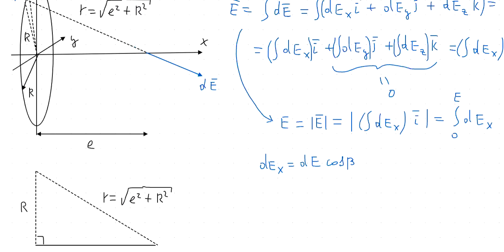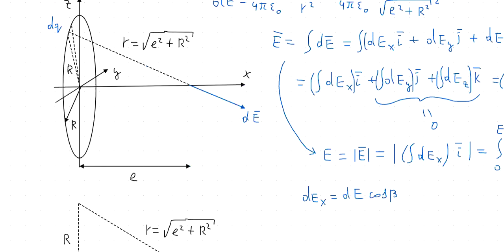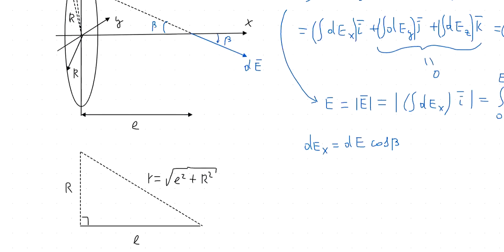And on this picture, we have beta here. This is beta, and of course it will be beta either. So here we have beta. Beta is here.